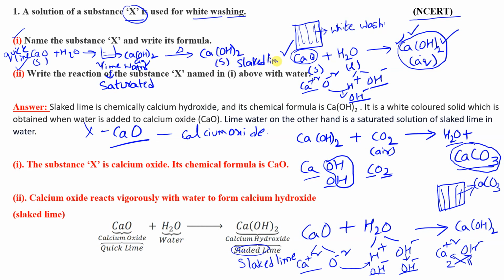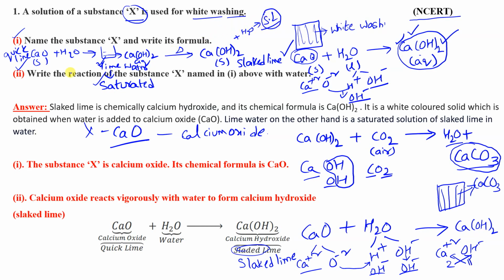Sometimes, if you add a lesser amount of water to calcium hydroxide, it is still called slaked lime only. Until the calcium hydroxide and water mixture becomes a saturated solution, then it is called lime water. If there is less water and more calcium hydroxide, it is still called slaked lime only.